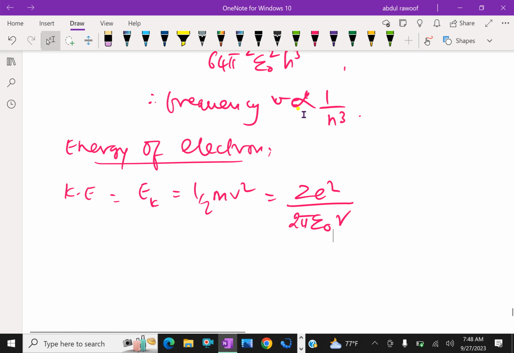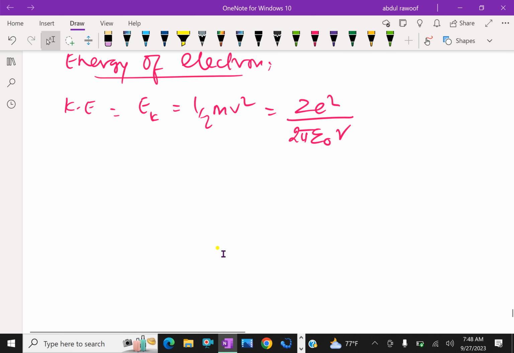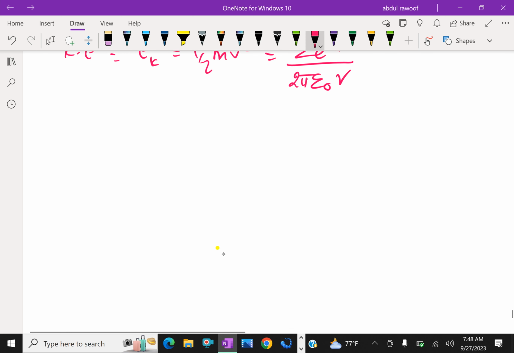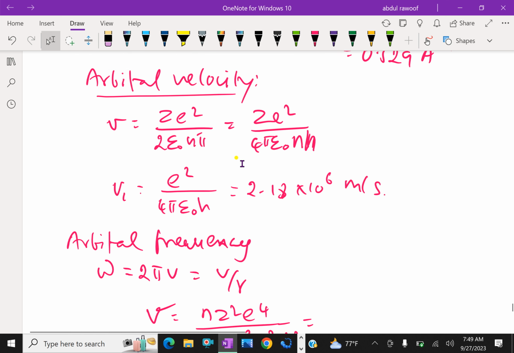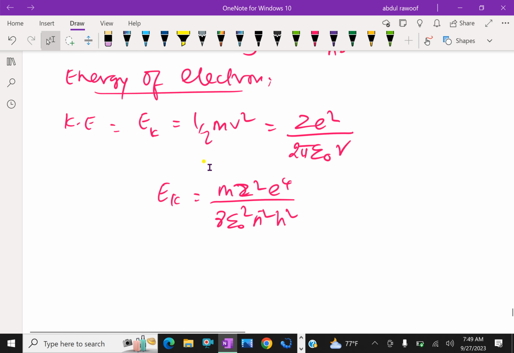Therefore, substituting those values from above, you can get Ek equal to m Z squared e power 4 over 8 epsilon 0 squared n squared h squared. That means we have more relations. It is a little complicated, but if you go through it carefully, you can get these expressions.